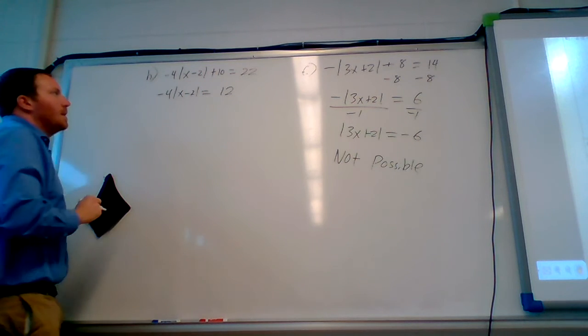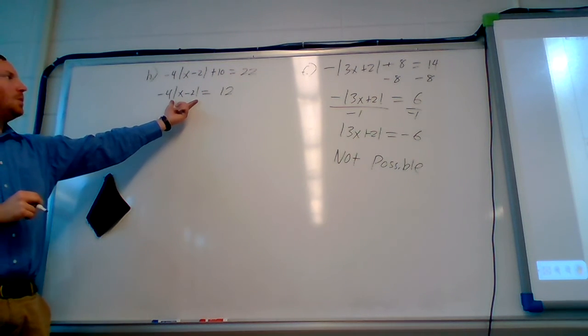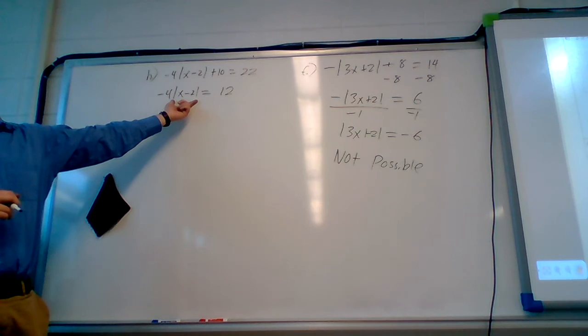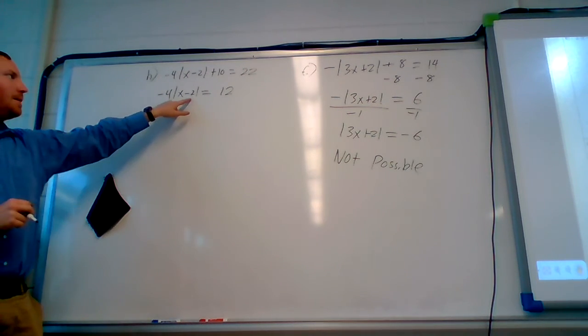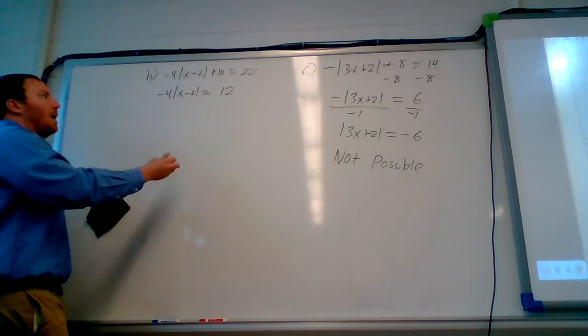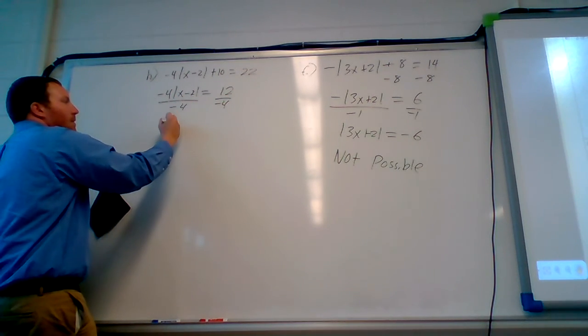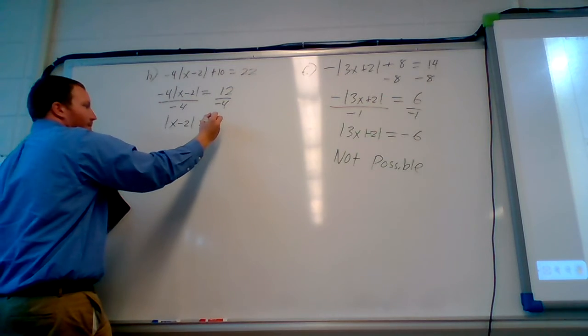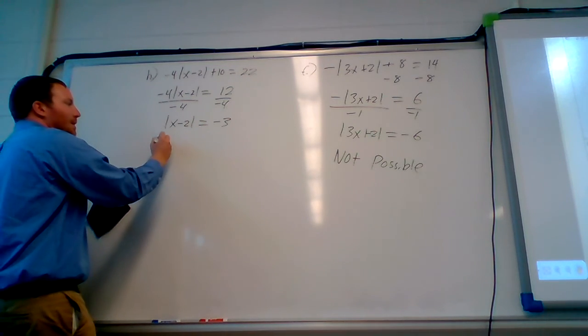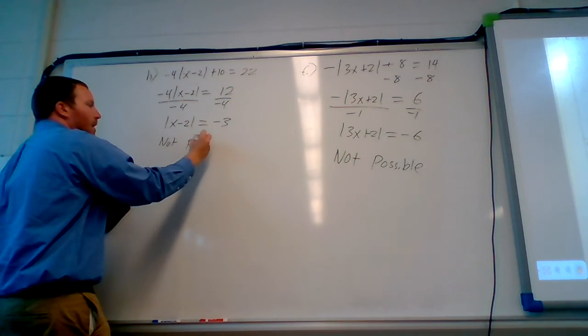And then we have this negative 4 being multiplied by our absolute value, so the opposite of multiplying is division. We divide and get negative 3, so then again it is not possible.